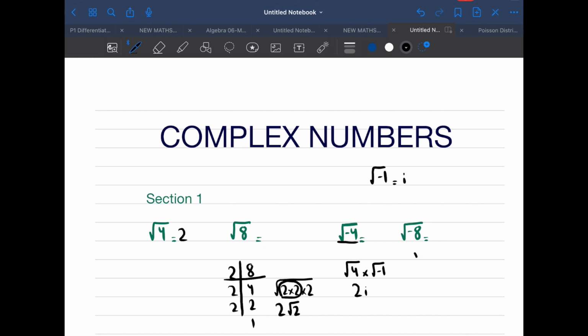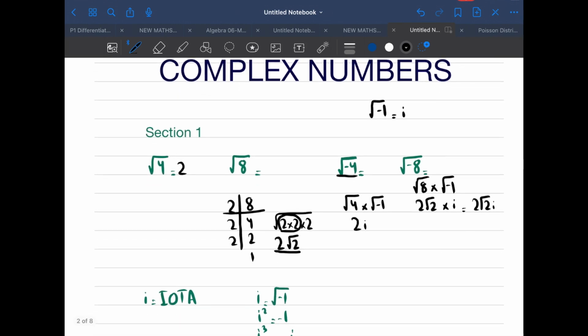Here, it's going to become under root 8 into under root -1. What's the answer of under root 8? It's 2 under root 2 into iota. That's 2 under root 2 iota. Got this, guys? So now we are clear with what complex numbers are.